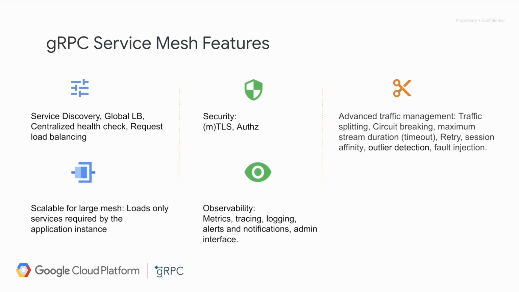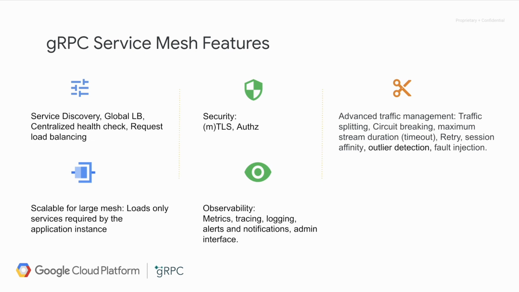So let's look at some of the capabilities that gRPC provides integrated with service mesh. The list is too long, so I'm not going to go over all the capabilities, but you'd see all the table stakes that we just talked about. Ability to offer a rich set of service networking capabilities, discovering services, load balancing to services, advanced traffic management.